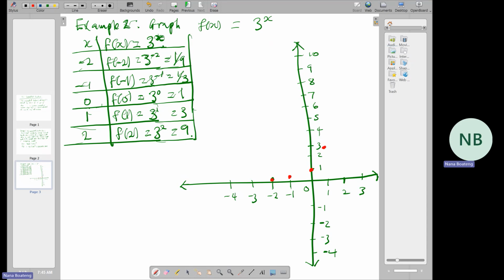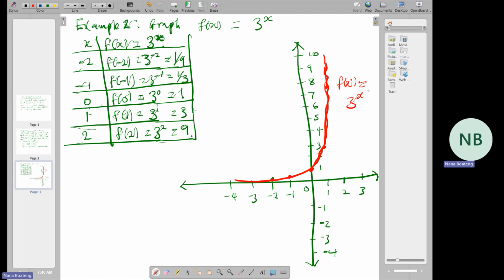When x is 2, y is 9, about this point. Now we have these pairs of points, so we can join them, and this should be the graph of f of x equals 3 power x.